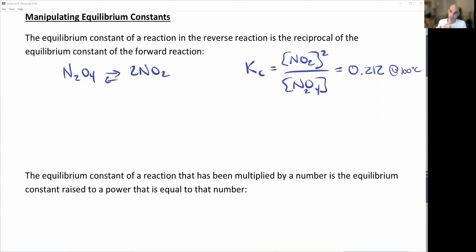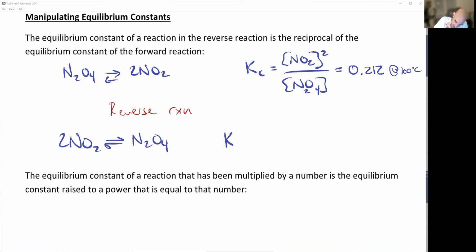If I reverse the direction of the reaction, by reversing the reaction, I now have 2NO2 going to N2O4. Well, my new Kc is equal to products, which is N2O4 this time, all over the concentration of NO2 squared.